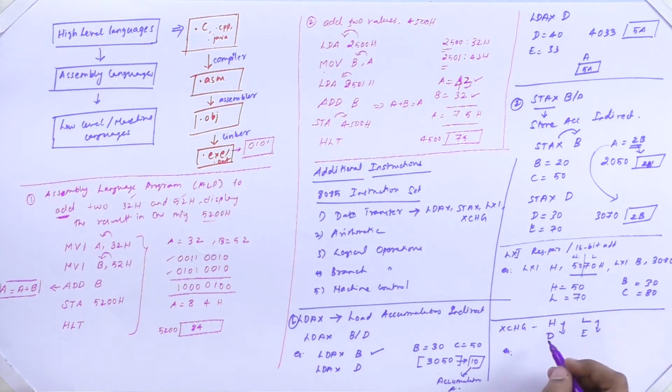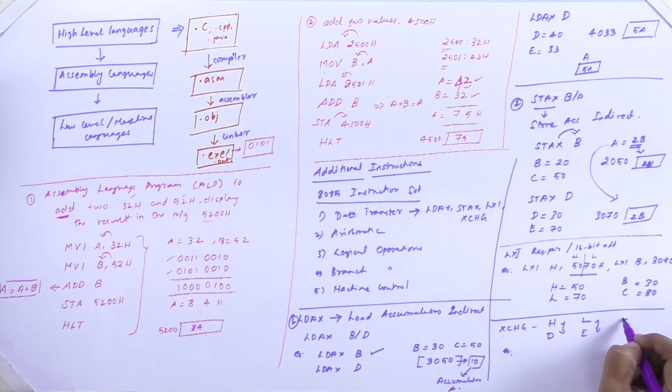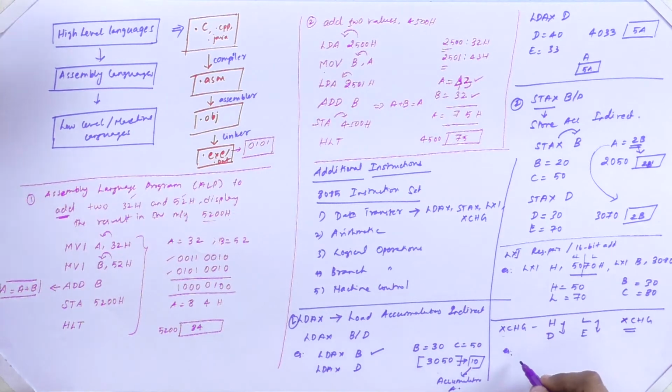Example: this is an implicit instruction, XCHG. If you execute this one, then automatically, if the value of H is equal to 30 and L is equal to 40 and D is equal to 50 and E is equal to 60, all these values will get exchanged.